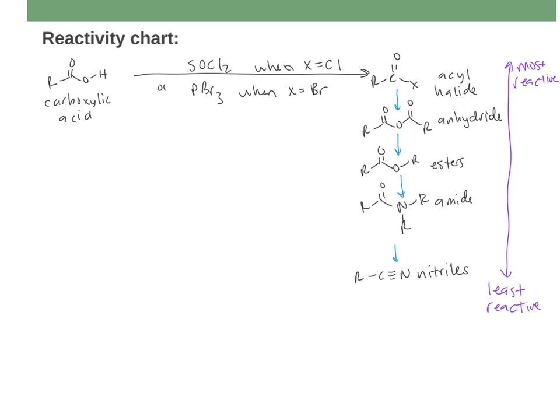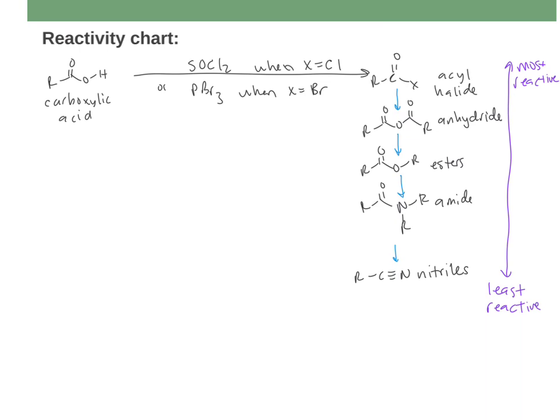So if I want an acyl bromide, I could add PBr3. And what's nice is I can take that carboxylic acid that I was saying tends to just do acid-base reactions. I can just simply add SOCl2. A few minutes later, it turns into an acyl halide, and then I can add whatever I want to it, and it will react. Because acyl halides are so reactive. And I can move down this ladder of reactivity from here.